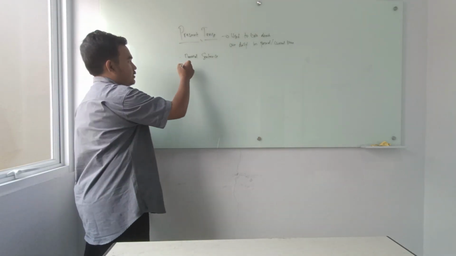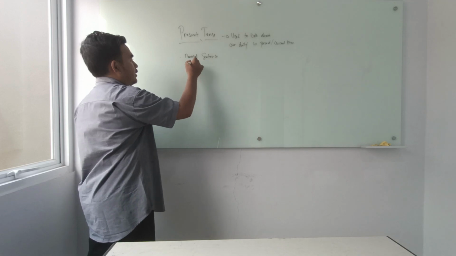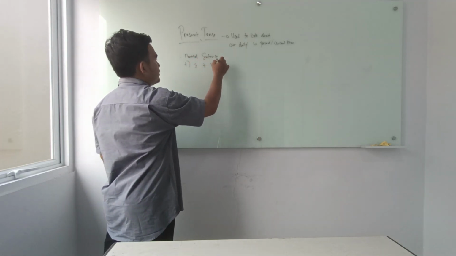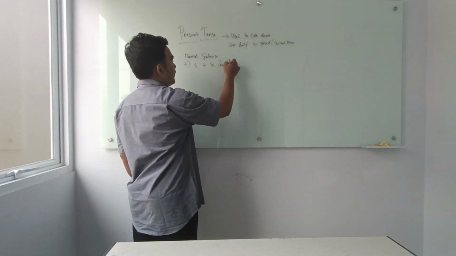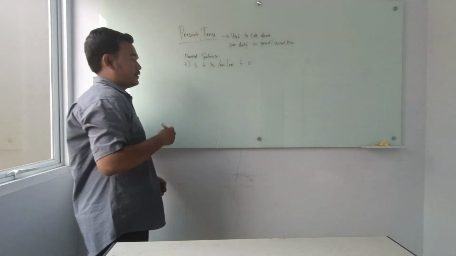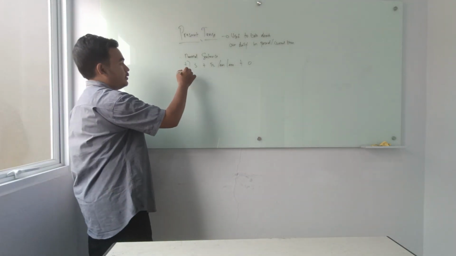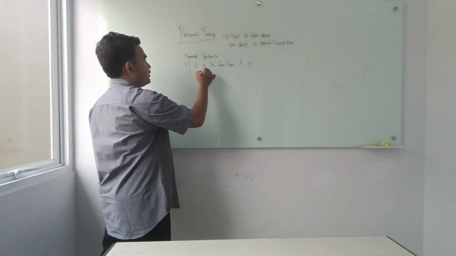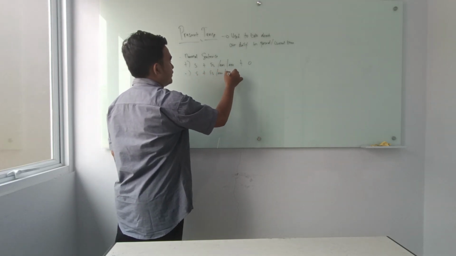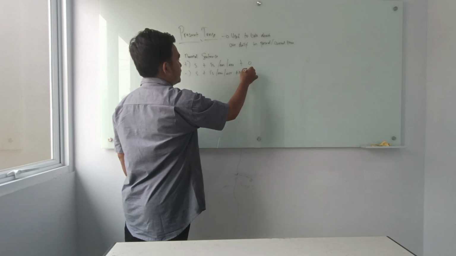For instance, we have three formulas in a nominal sentence. In positive, we use subject plus is or are, plus object. Then in a negative sentence, we use subject plus is or are plus not plus object.